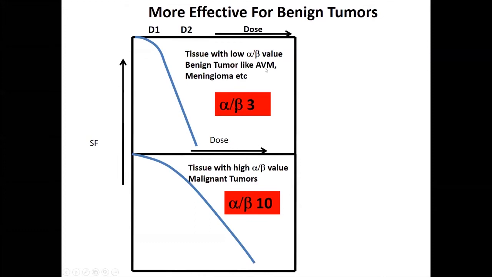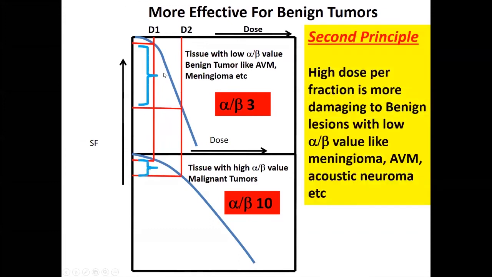When you deliver D1 dose, it will reduce survival fraction in both types of tumor. When you increase the dose from D1 to D2, it will further reduce survival fraction in both types of tumor. But again, you will appreciate that the reduction in survival fraction for benign tumor is much, much more as compared to malignant tumor. So the other principle is that high dose per fraction is more damaging to benign lesions with low alpha beta value like meningioma, AVM, acoustic neuroma, etc.